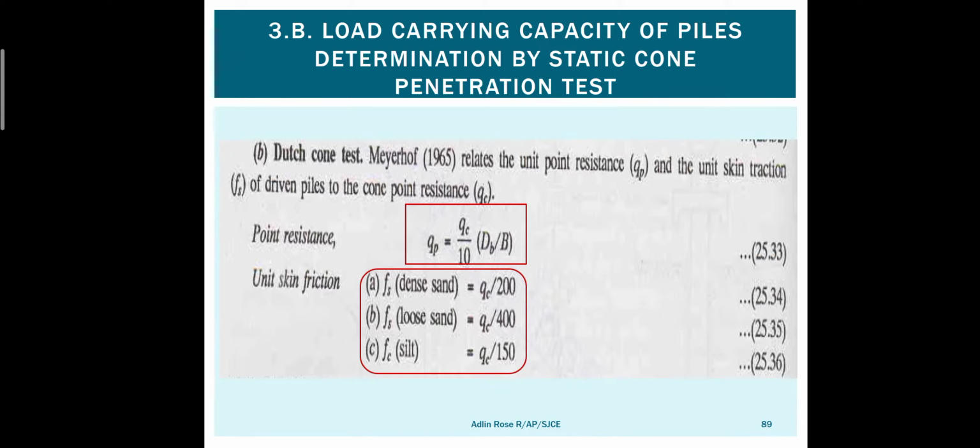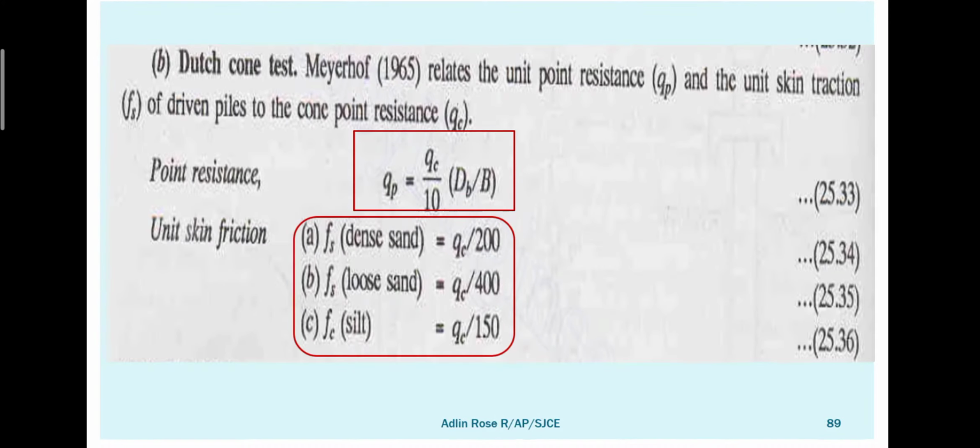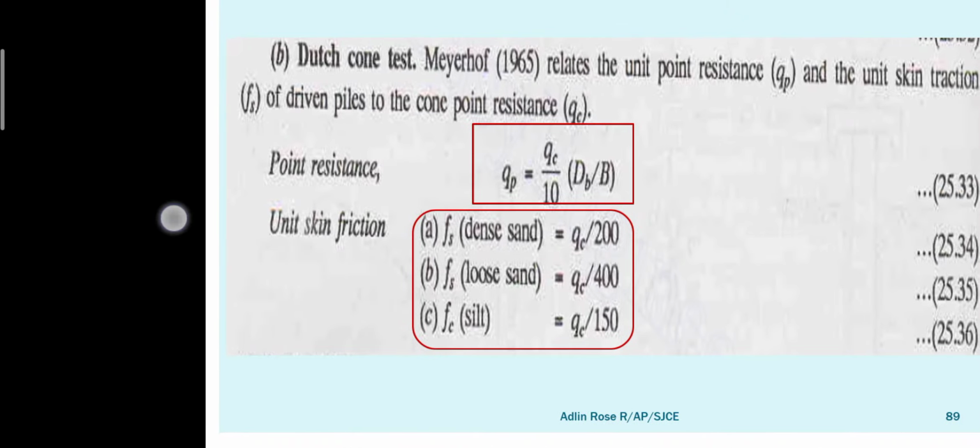And we have frictional resistances. For dense sand, it is qc by 200. For loose sand, it is qc by 400. For silt, it is qc by 150. So these are the penetration test values.